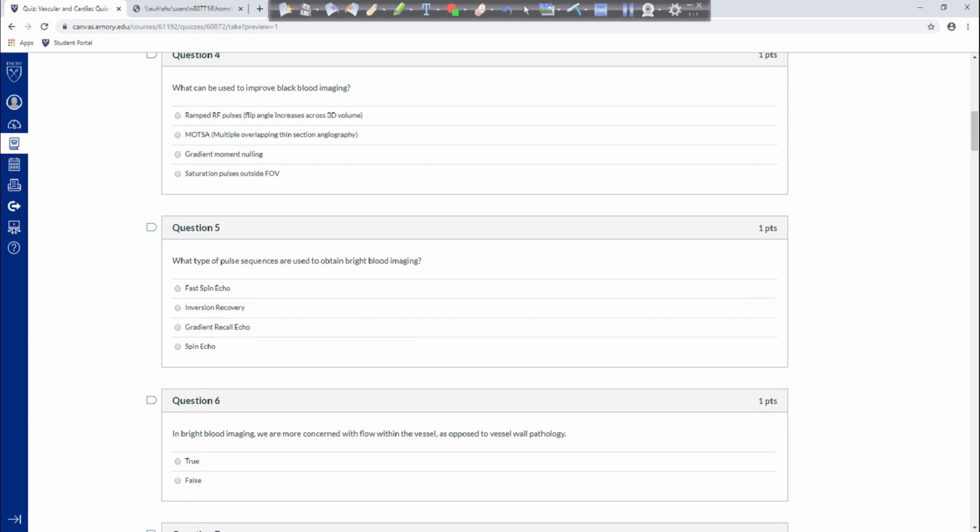All right, number 4. What can be used to improve black blood imaging? How can we make the blood appear darker? Even though it's already black, sometimes we want it even darker so that we see the vessel walls. Sat pulses outside the field of view.